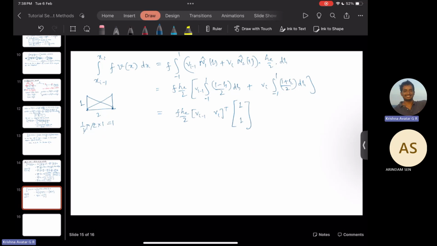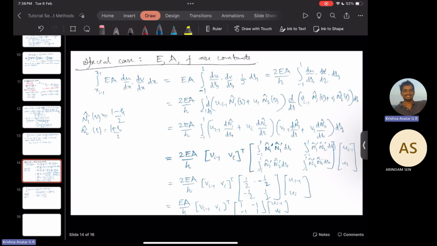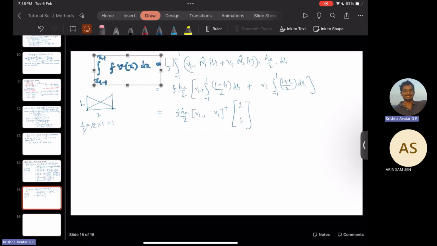Yeah, so this is how it is, right? And so now we have been able to derive the integral of this quantity and also this quantity.